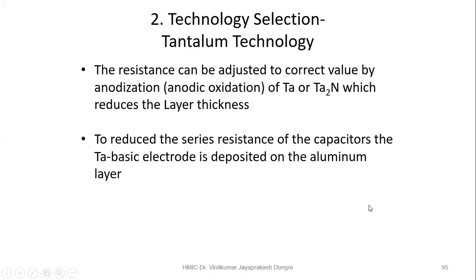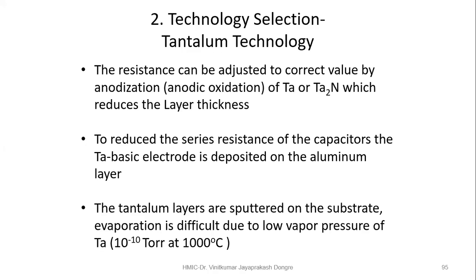To reduce the series resistance of the capacitor, the Ta base electrode is deposited on the aluminum layer. This is a little detail for the substrate and the fabrication, including the pressure and the temperature.